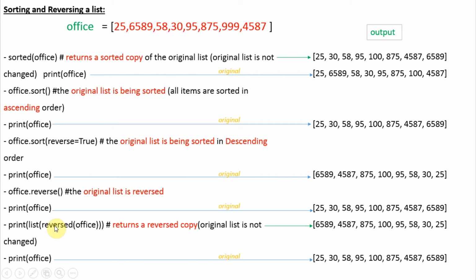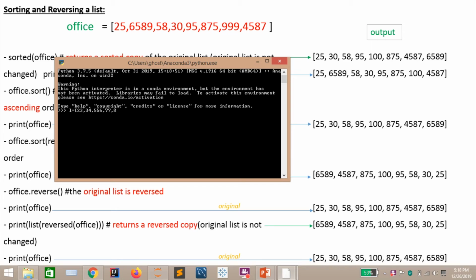Another command we can use is reversed of L, then list. The difference between this one and this one is, if we use this one directly, we will get this value, but if we use only reversed of L, we won't get this value directly, right? So after this, sorted, see we got the sorted value directly.